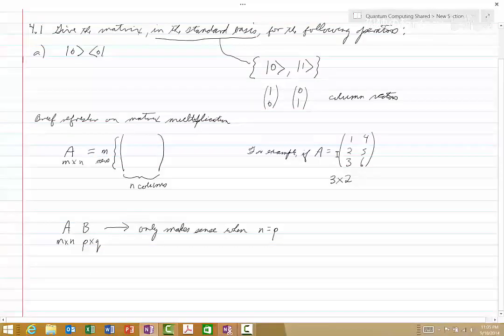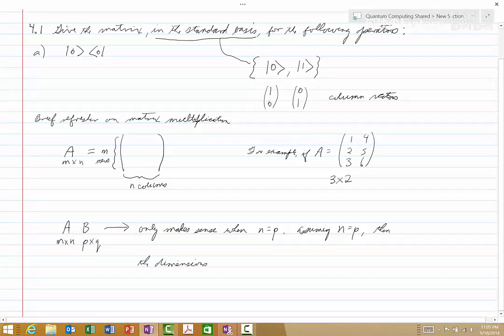The second thing we can say is that, assuming N equals P, the dimensions of AB will be M by Q. In other words, the product AB will have M rows and Q columns.